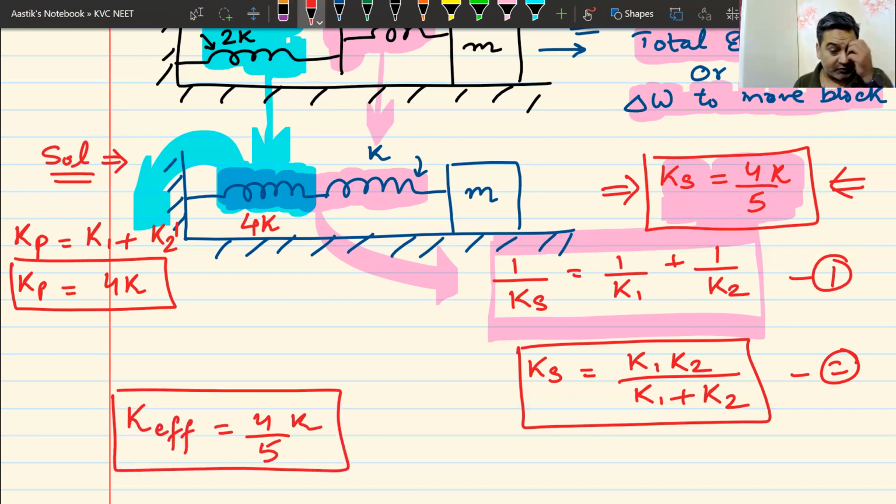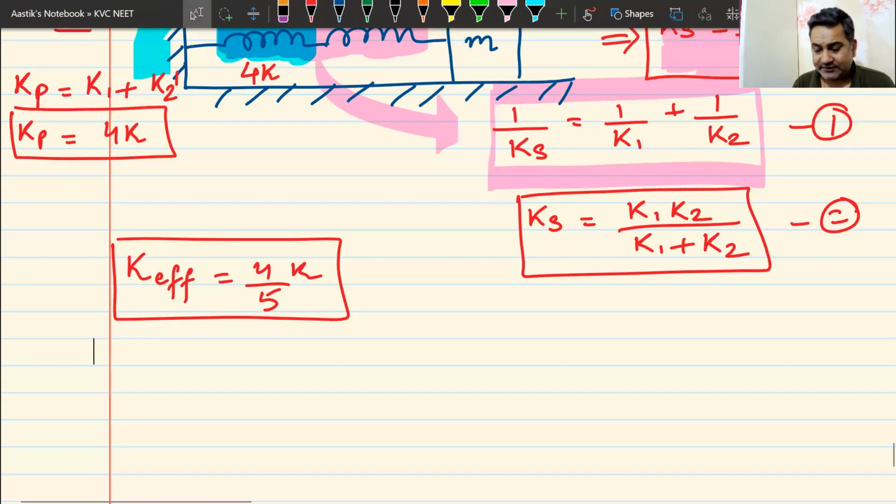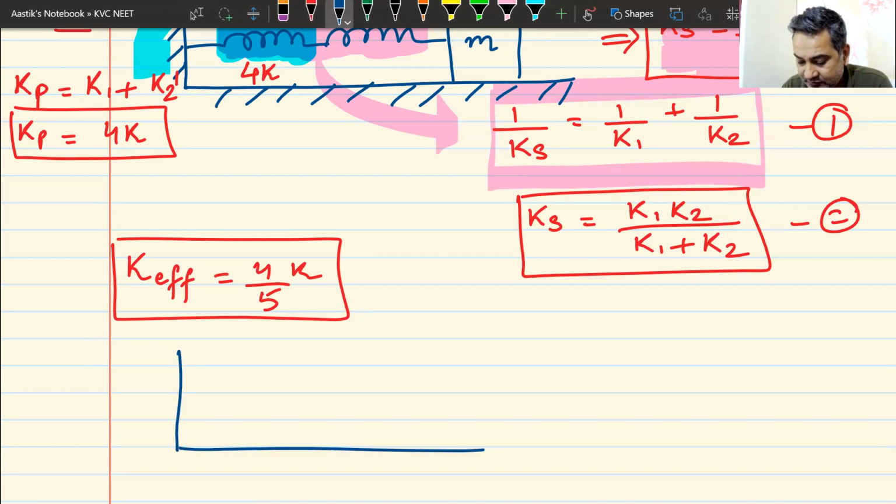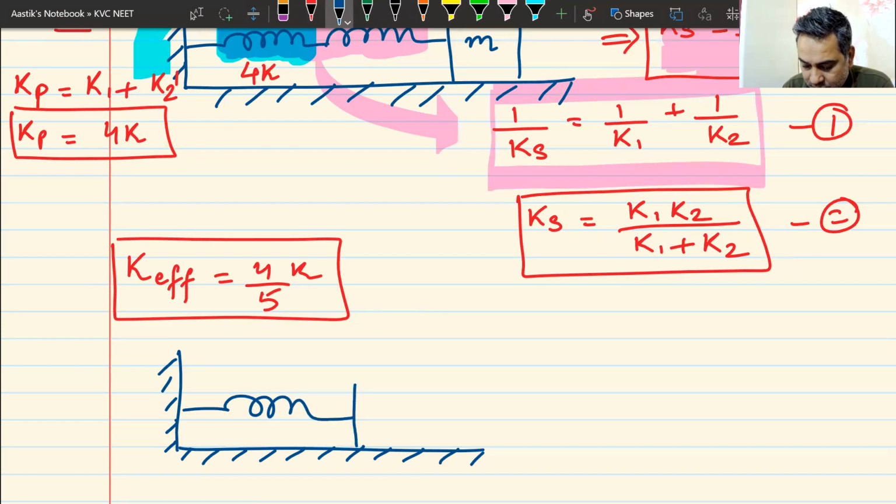Basically, what I'm going to do here is replace the entire three springs by one single spring. So the final diagram looks like this.